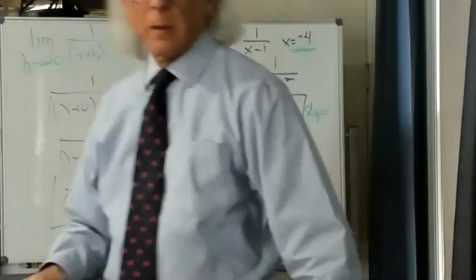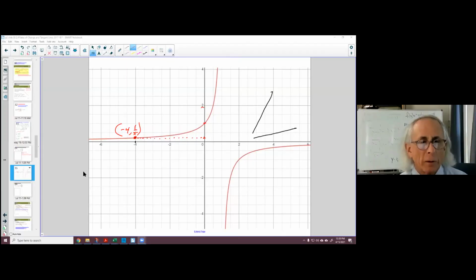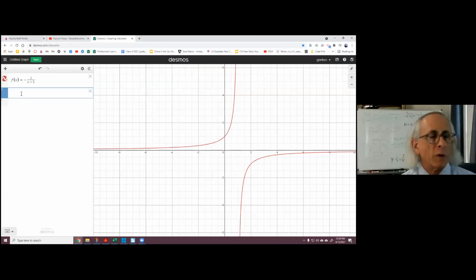Well, I say let's find out if it's really true. So let's go share the screen. Screen 1, share. Let's go back to Desmos. And we're going to put in the equation of this line.